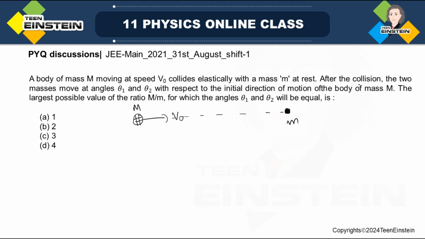After the collision, two masses move at angles theta 1 and theta 2. Let us say this is theta 1 and this is theta 2.